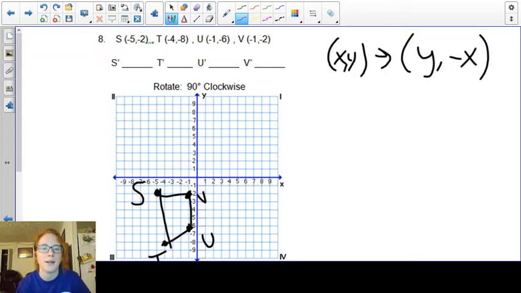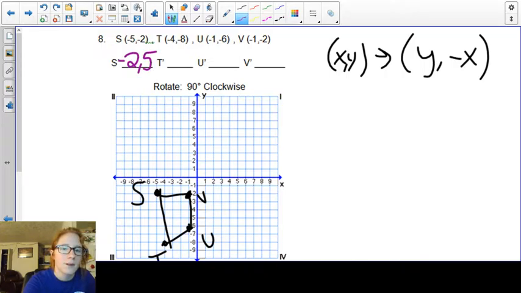So when we go ahead and rotate 90, we're going to use my formula. My Y stays the same, so I'm going to have -2. And then we're going to have the opposite of what my X was, so 5. So -8 and 4. -6, 1. -2, 1.